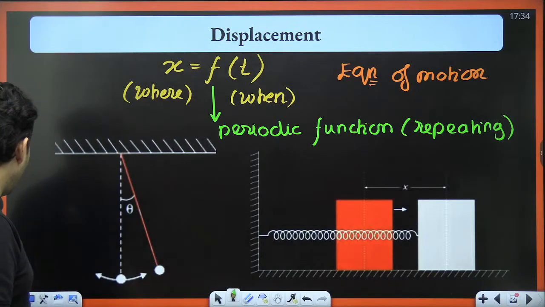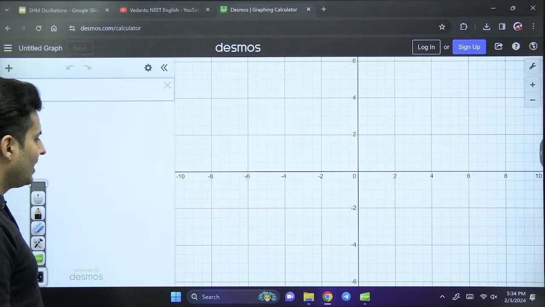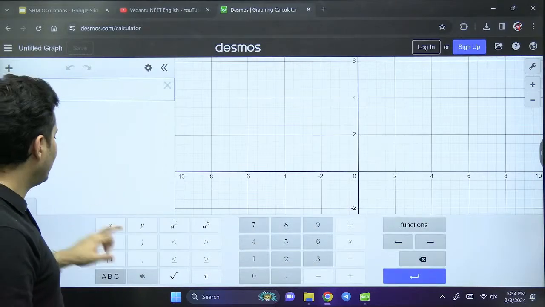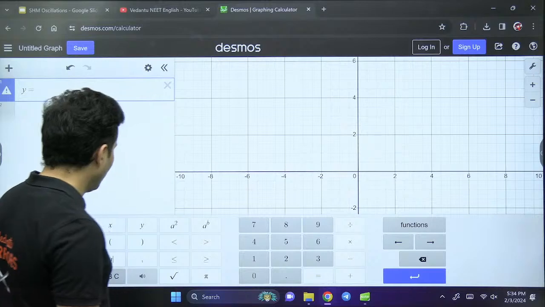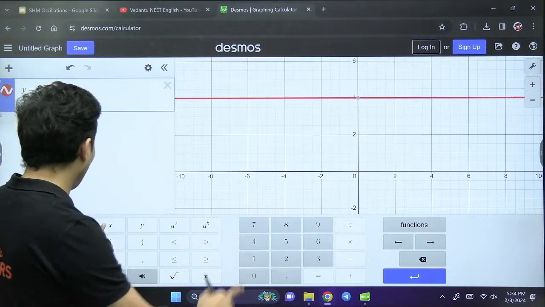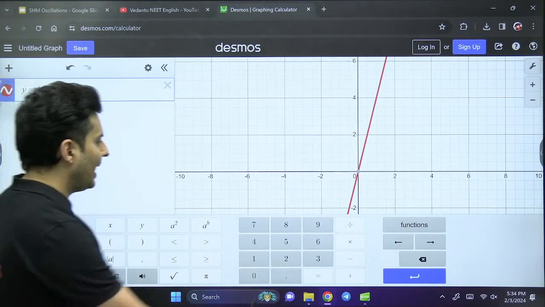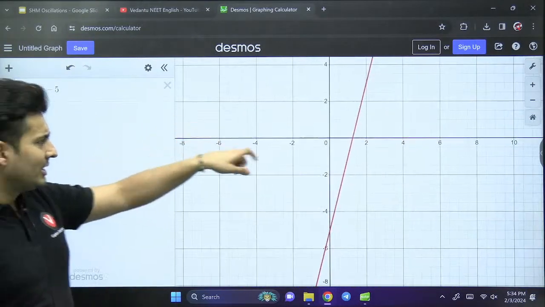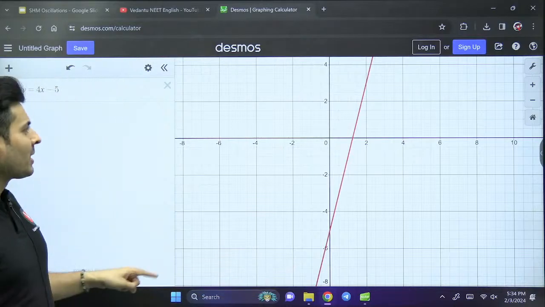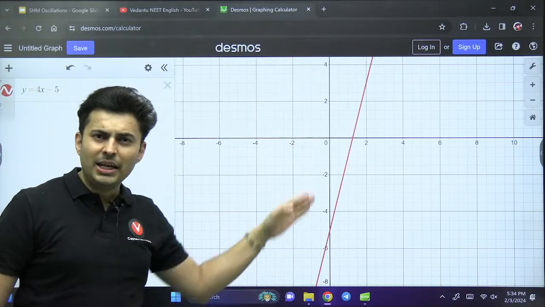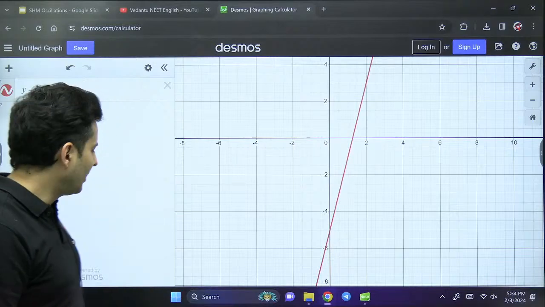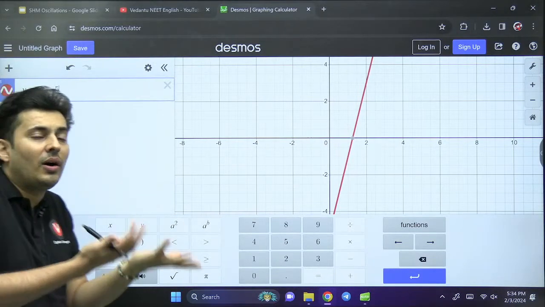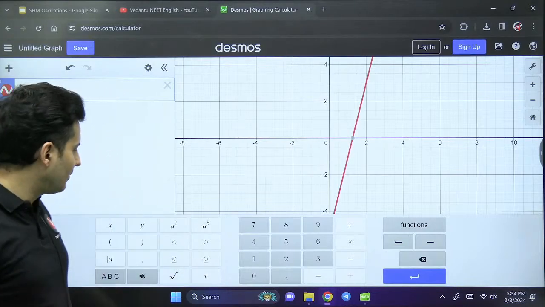For that, I have a simple graphing software. Let's say, my dear students, I write an equation y equals 4x minus 5. Do you see this red line? Is this graph a repeating graph? Definitely not. So this is not a periodic function. This is not something which repeats itself.